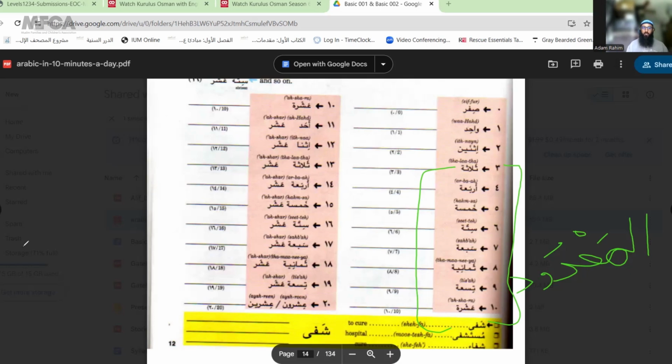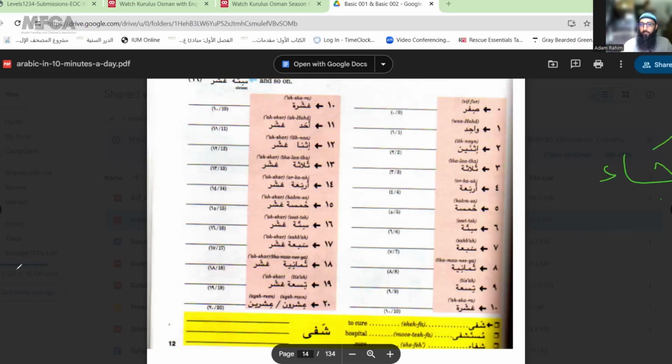So you could just say, for example, and remember, guys, we said ma'dud comes from 3 to 10. So for 1 and 2, for example, you can have ja'a rajulun.